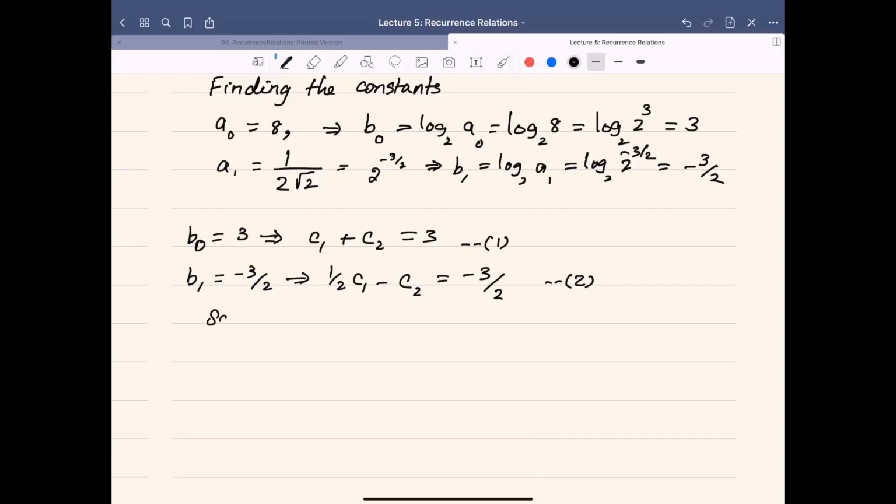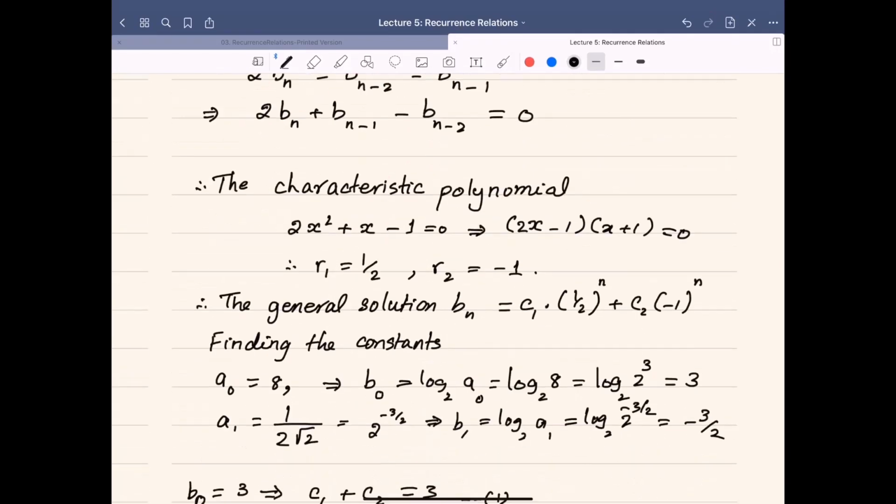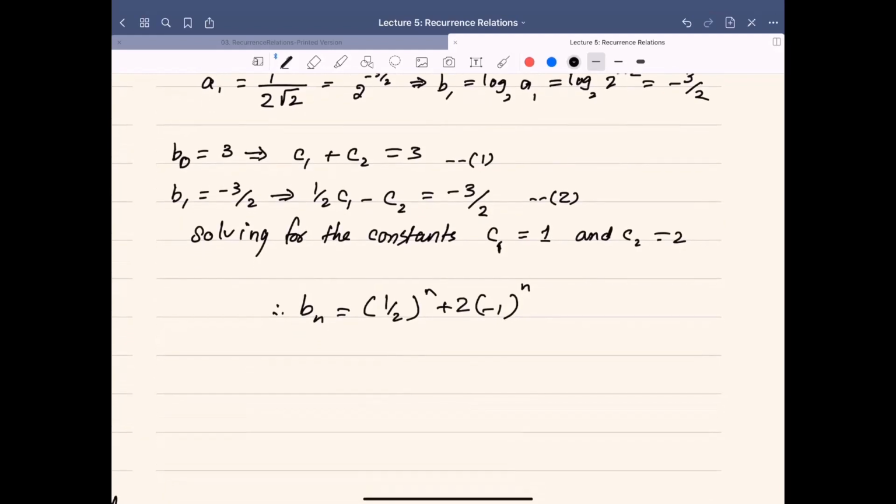Using the calculator, solving for the constants, we will have C1 is equal to 1 and C2 is equal to 2. So we will have b_n is equal to (1/2) raised to power n plus 2 times (minus 1) raised to power n. But this is the answer in terms of b_n.